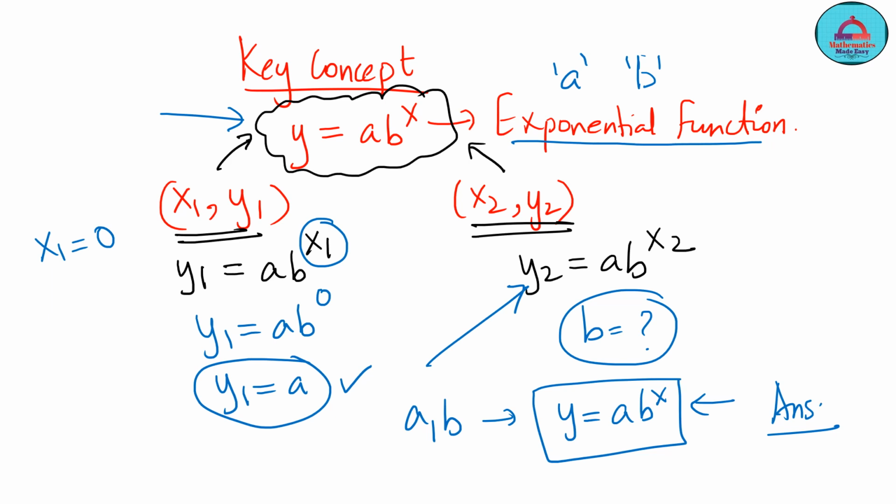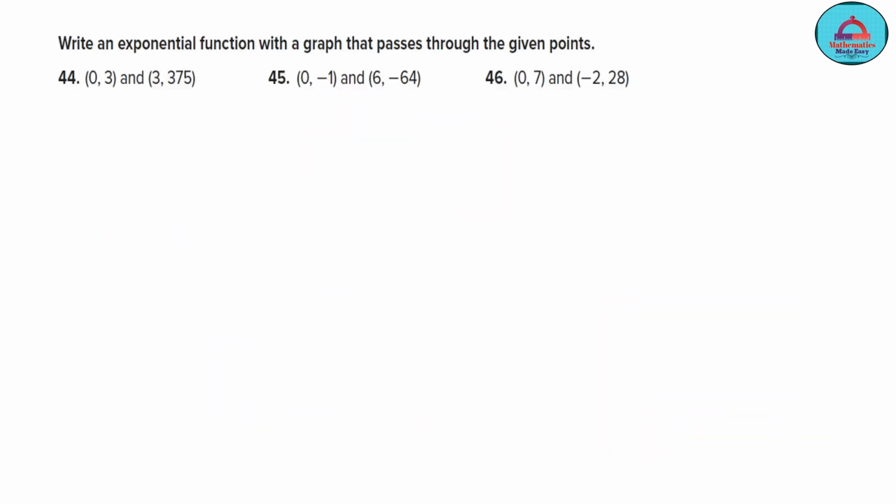So let's proceed with question 44 and now see how we solve it using this key concept. Please learn it, please remember it, and also the equation so that you can solve all these questions without making any errors. Okay, so let's now solve questions 44 to 46 using the concept I just explained to you.